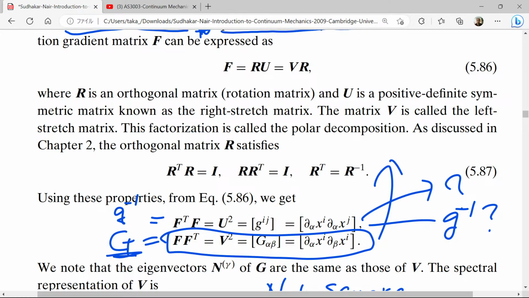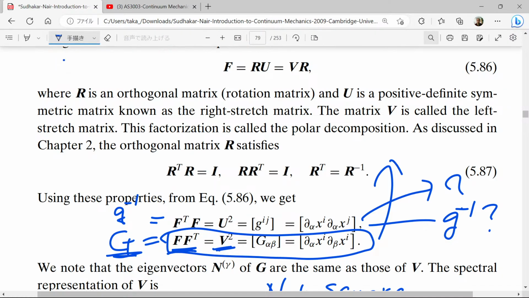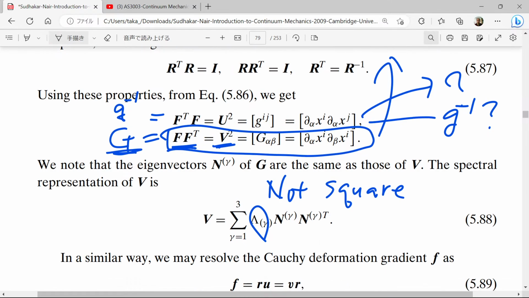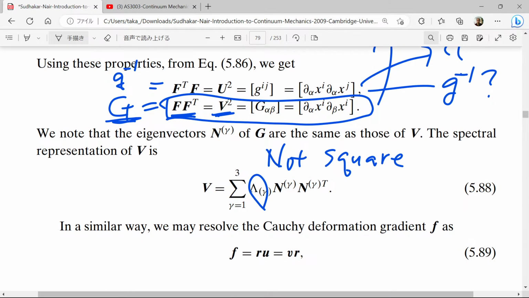So G is F F transpose, which is V squared. And for some reason, this has the same form for the spectral decomposition using lambda gamma.